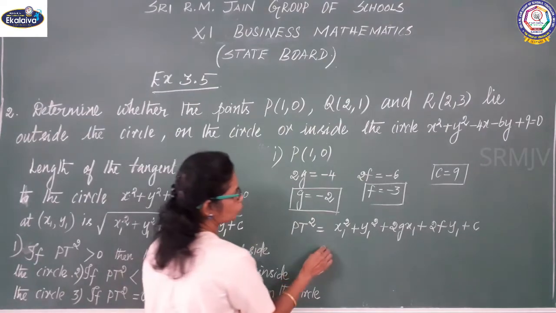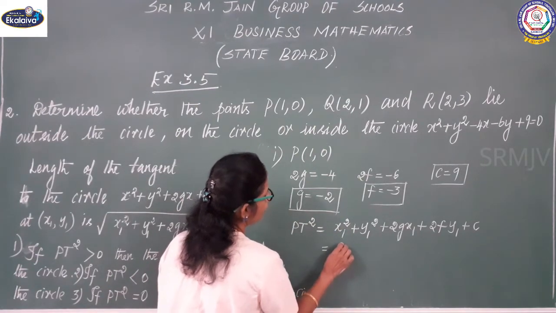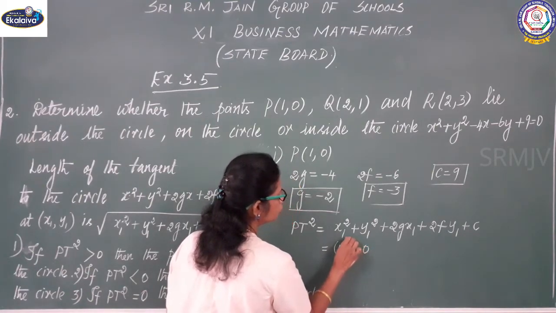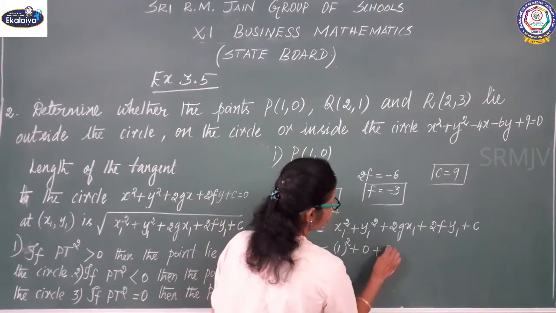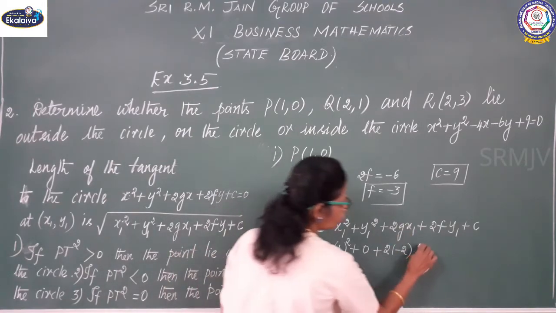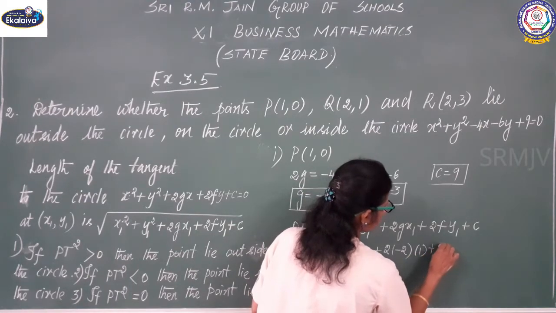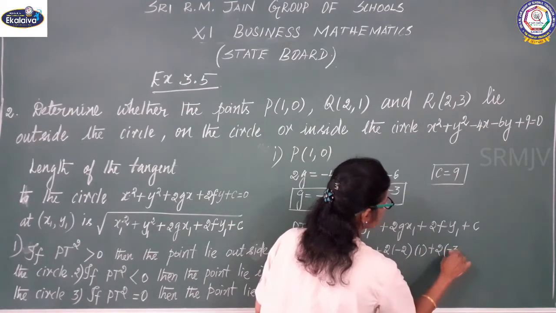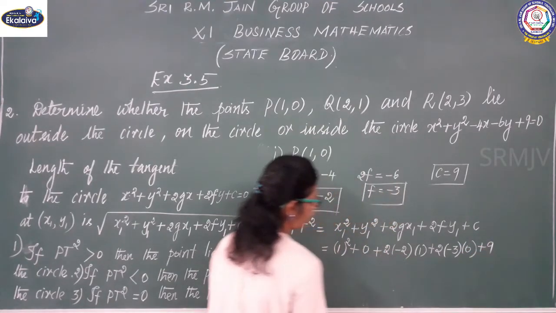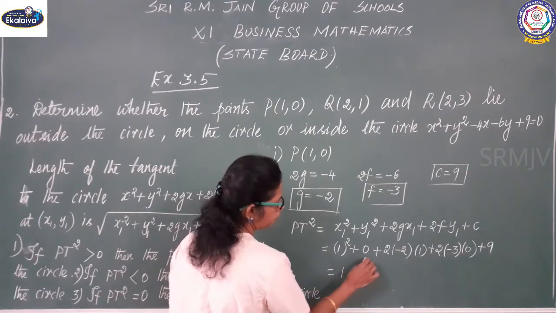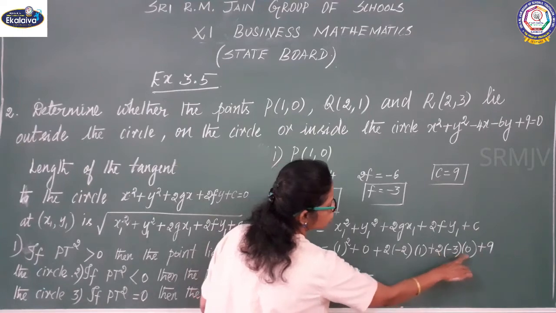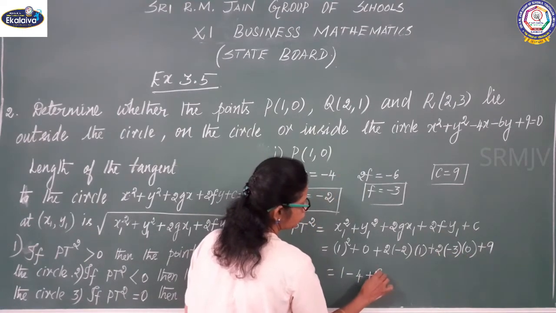We know the value of x1, y1, and we know the values of g, f, c, that you are going to substitute. What is your x1? 1. What is your y1? 0. Plus, what is your g? Minus 2. What is your x1? 1. What is your f? F is minus 3. y1 is 0. C value is 9. Now 1 minus 4 minus 6 into 0, 0 plus 9.